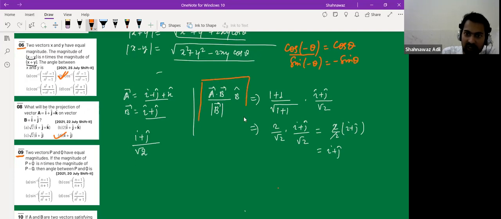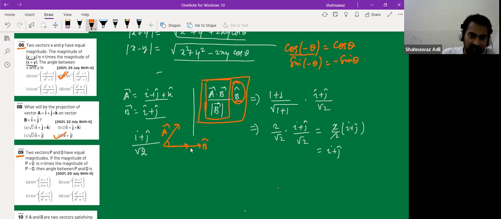Because your projection will be in which direction? The projection of A on B would be in which direction? B cap, right? So this is the direction of that projection, and this is the magnitude of that projection, right?